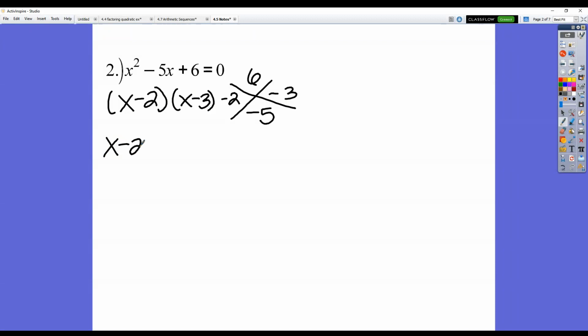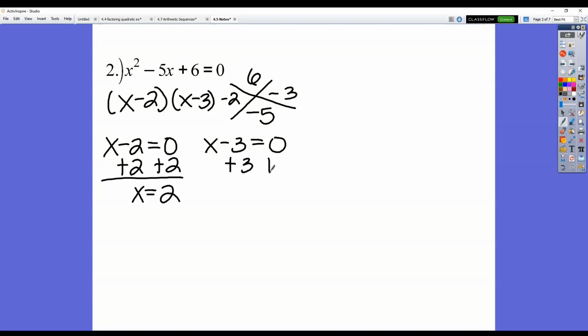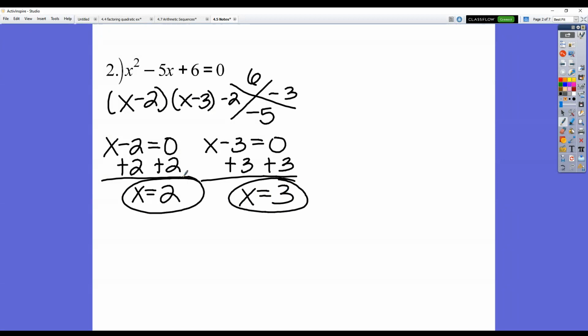So then, set both factors equal to 0, solve for x. So this graph crosses the x-axis at 2 and 3.